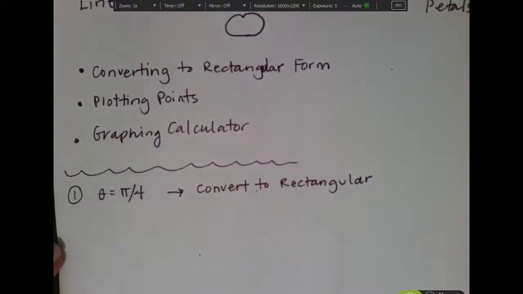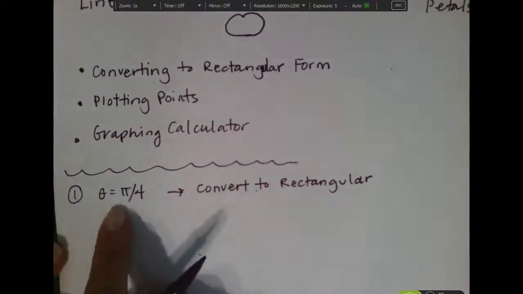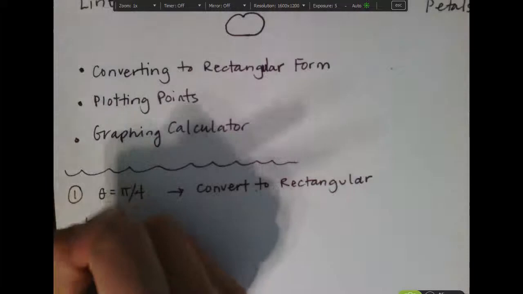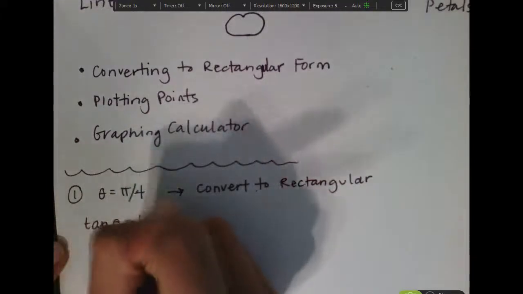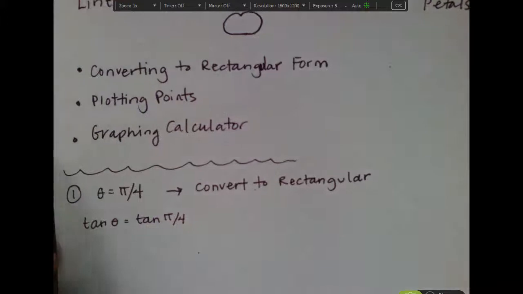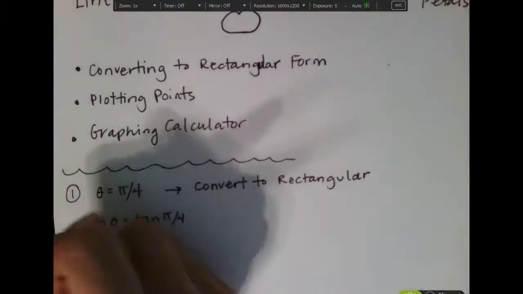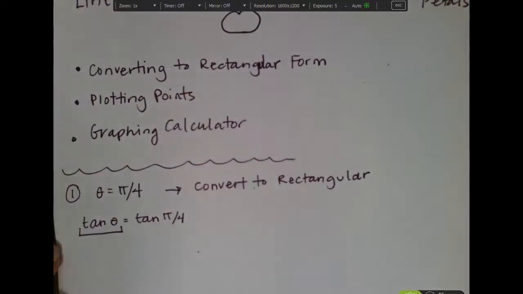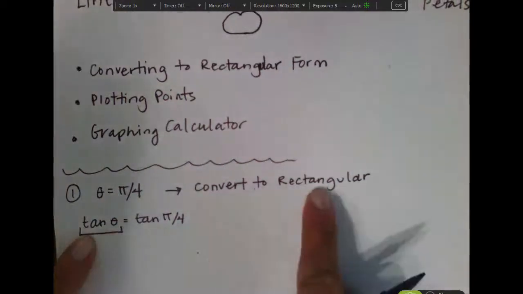So one strategy that we have is that we can take the tangent of both sides of the equation. The reason that I would do that is because the tangent of theta has a special connection to rectangular.